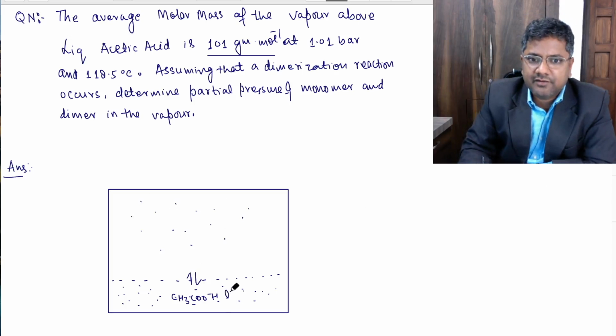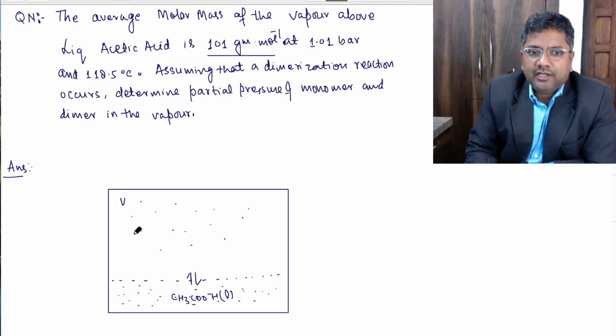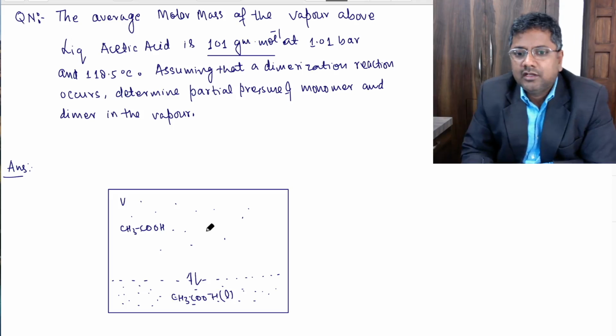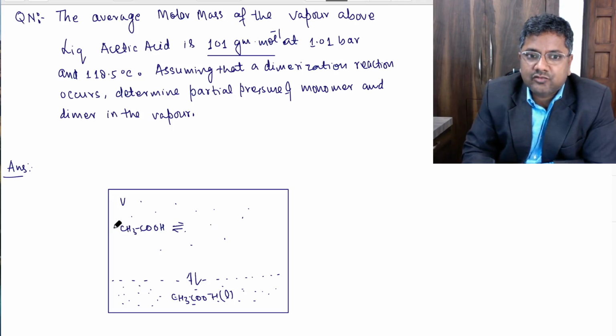This is the liquid phase and this is the vapor phase, right? So in the vapor phase, this acetic acid molecule dimerizes through intermolecular hydrogen bonding. So 2 moles of this dimerize in this manner.